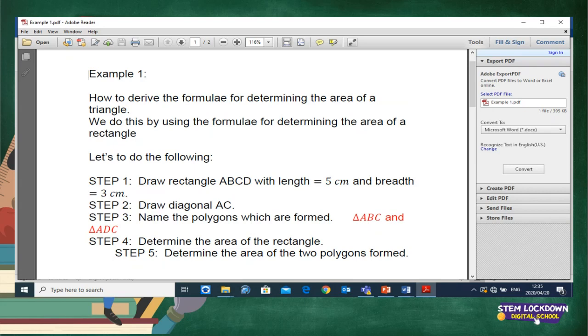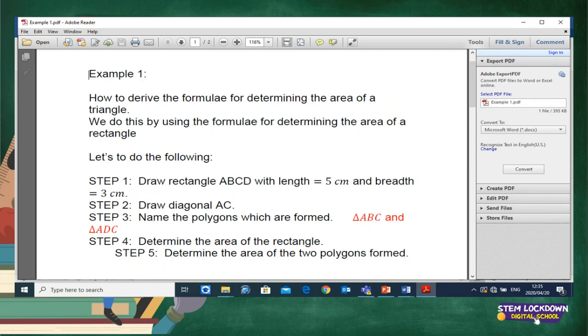Once you draw the diagonal, you will see that you have divided your rectangle into 2. You have cut it into 2 equal parts: the first one, triangle ABC, and triangle ADC. Those will be your 2 triangles. And at this point, what do you do?